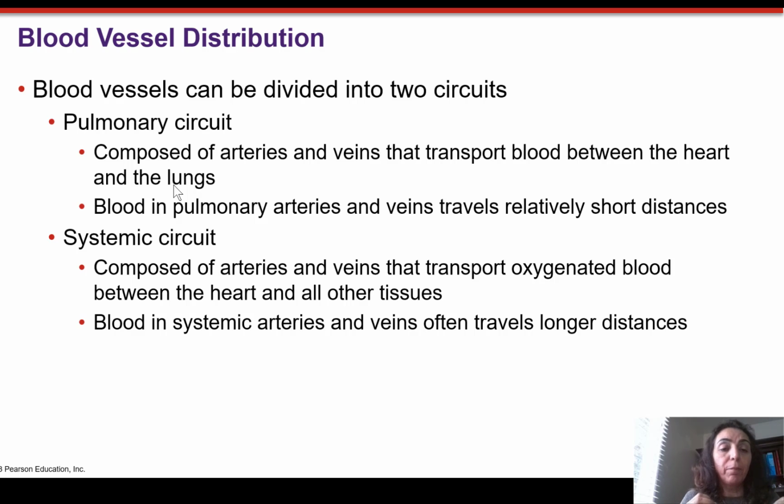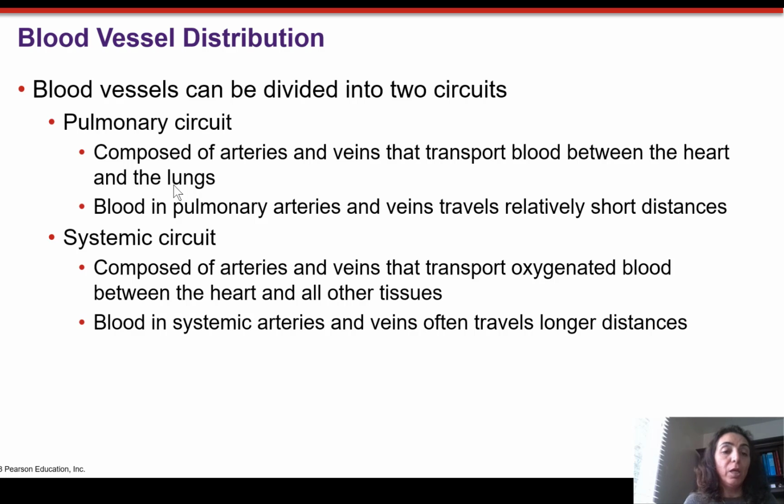The lung itself, as any other organ of the body, has some needs regarding oxygen and nutrients too, right? So for the lung, we actually have a dual circulation.